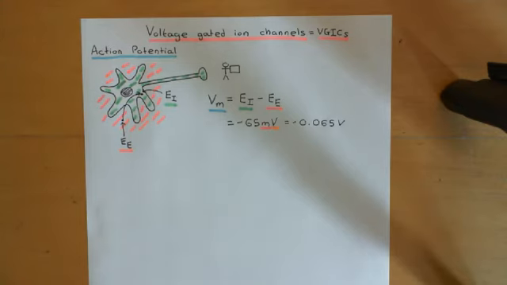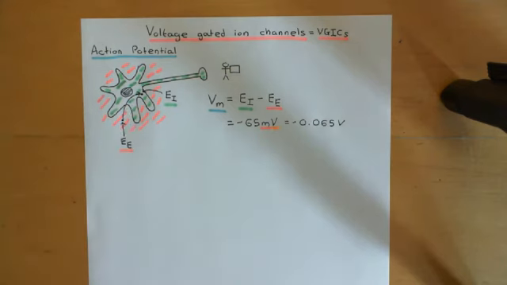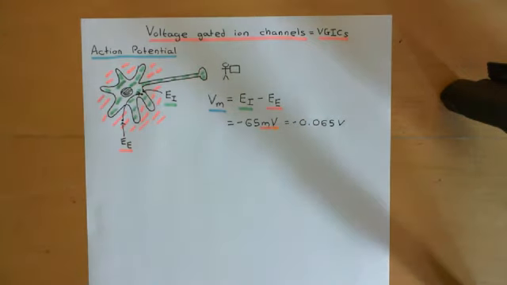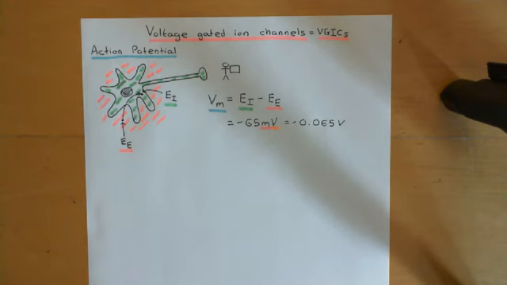It means that if the little man moves from extracellular to intracellular, the electrical potential, the number on his screen, goes down by 0.065 volts. So the electrical potential intracellularly is lower than the electrical potential extracellularly, and it's lower by 65 millivolts.